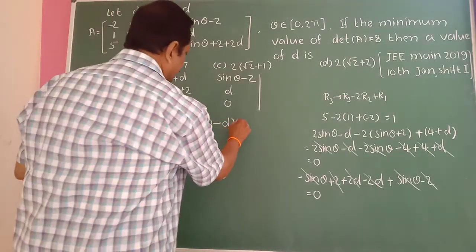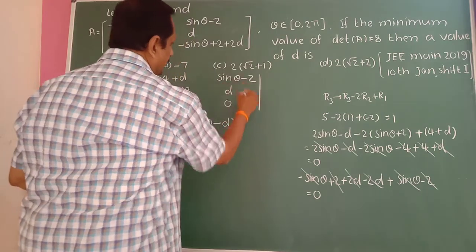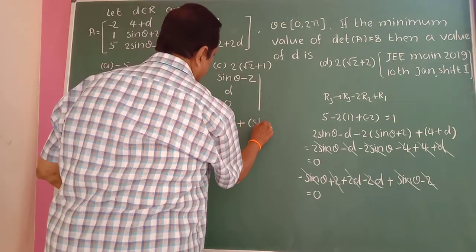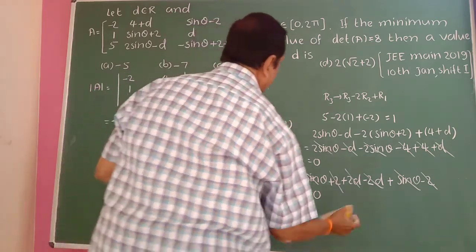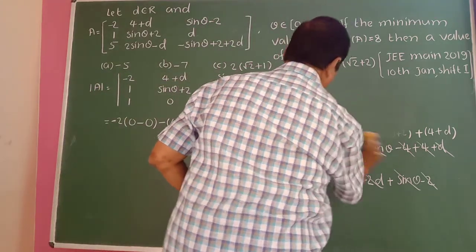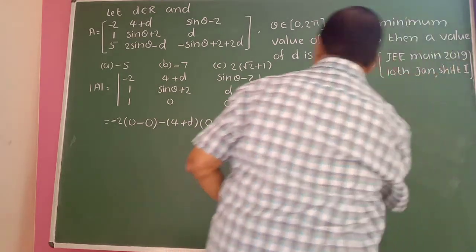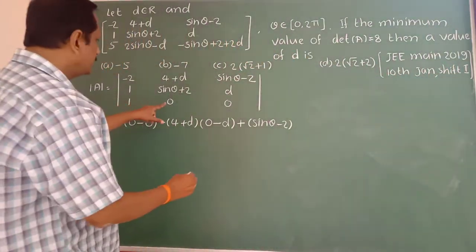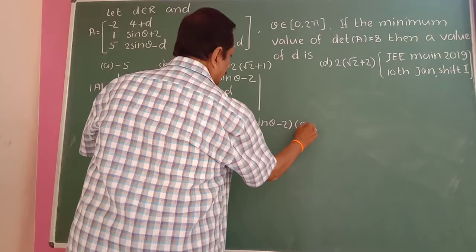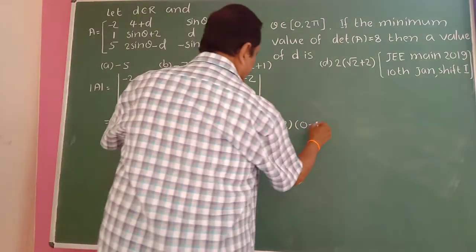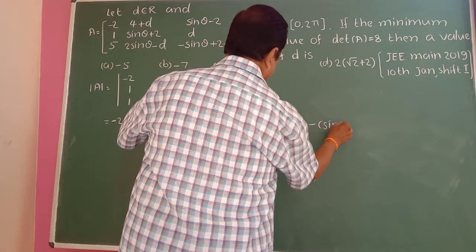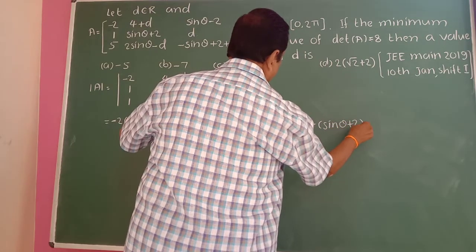Then plus sin theta minus 2 here, sin theta minus of 2. Okay. Then 1 into 0 becomes 0 minus of 1 into sin theta plus 2 gives sin theta plus 2. Bracket complete.